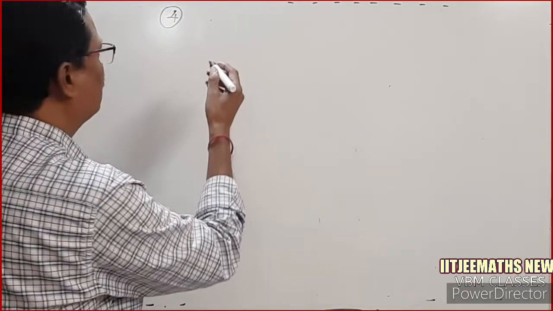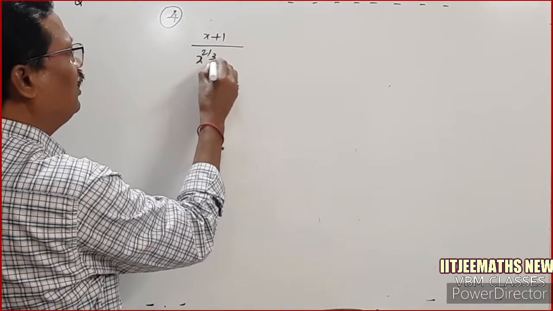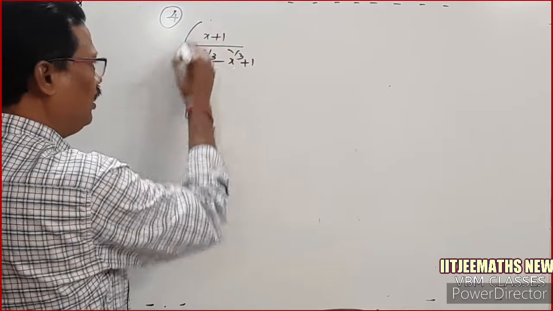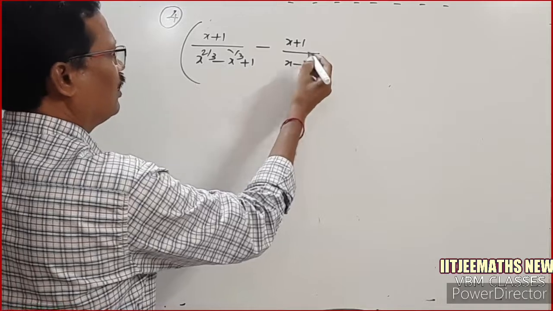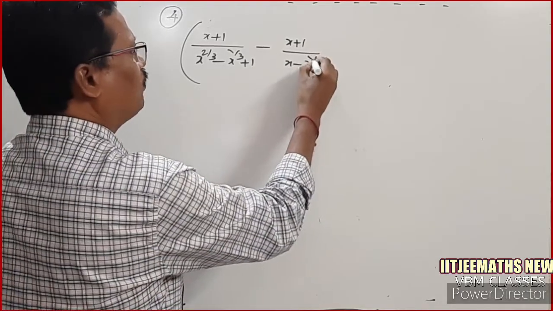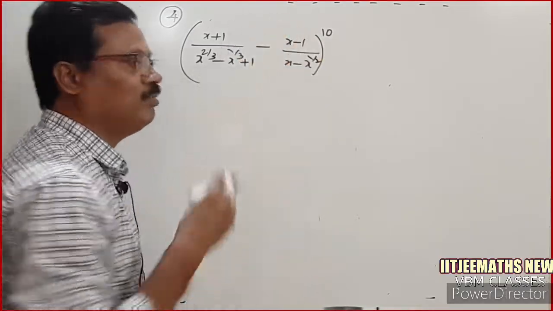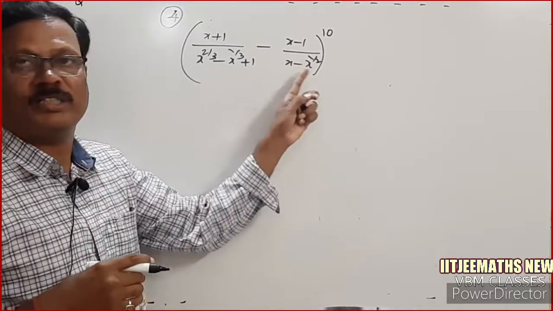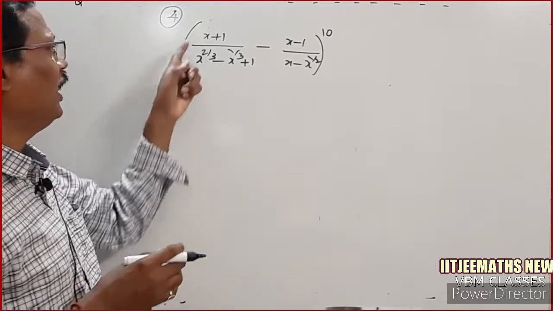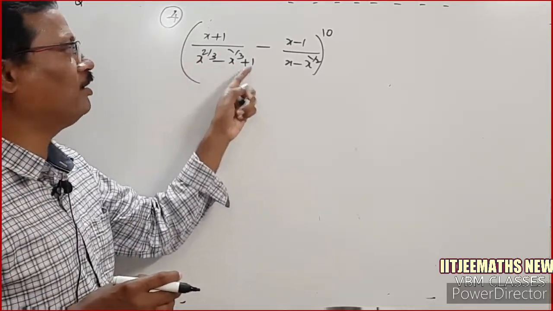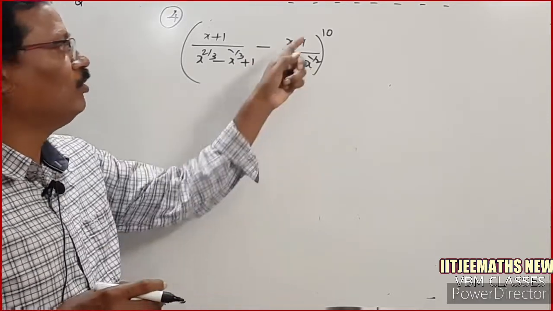Now in this they gave (x plus 1 by x power 2 by 3) minus x power 1 by 3 plus 1, minus (x minus 1) by (x minus x power 1 by 2), whole to the power of 10.